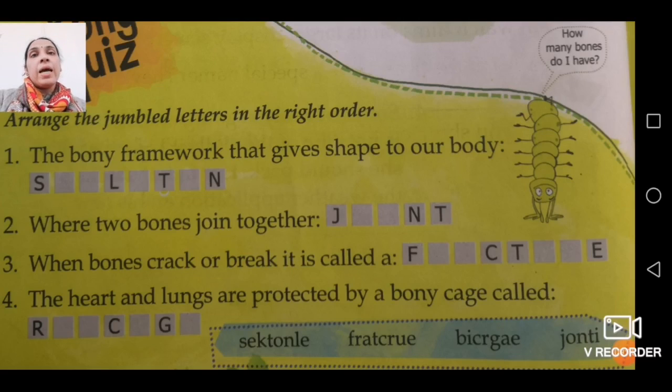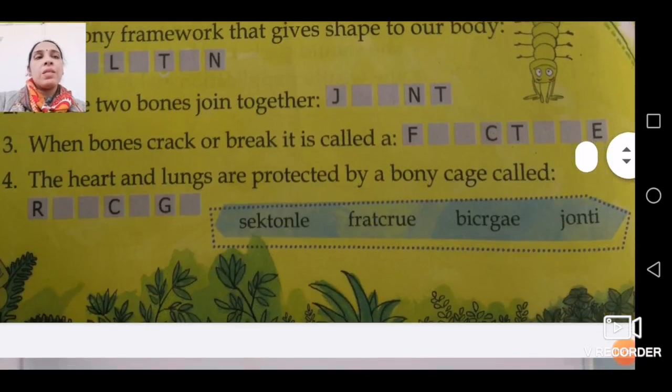When we did ribs above, in that I told you that the heart and lungs are protected by a bony cage called the rib cage. Rib cage. So that is your bony quiz, and this page related to bones we have finished.